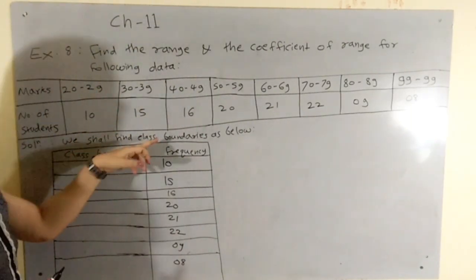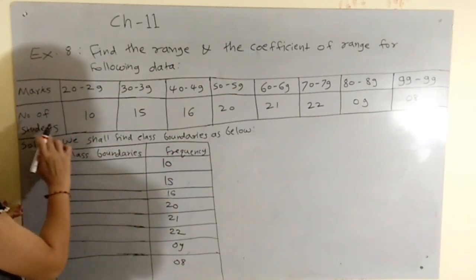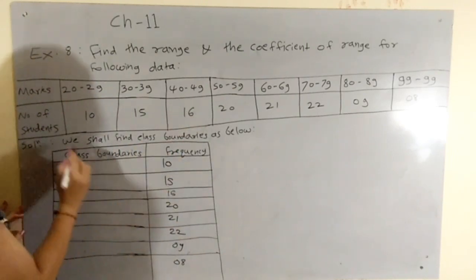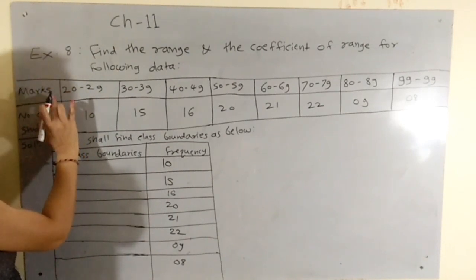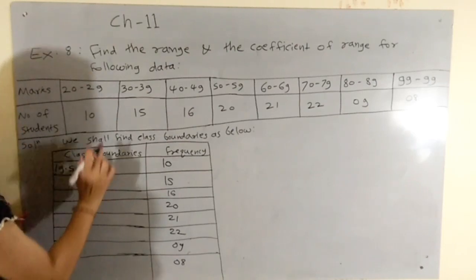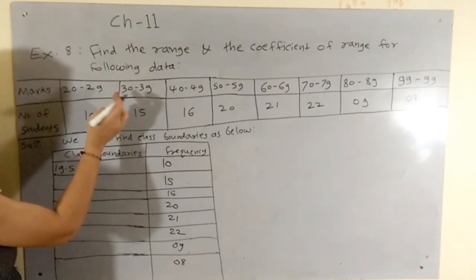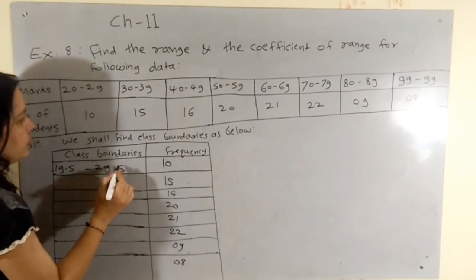So we shall find class boundaries as below: class boundaries and frequency. Frequency means number of students. So for the class 20, 20 minus 0.5 means 19.5 to 29 plus 0.5, which is equal to 29.5.